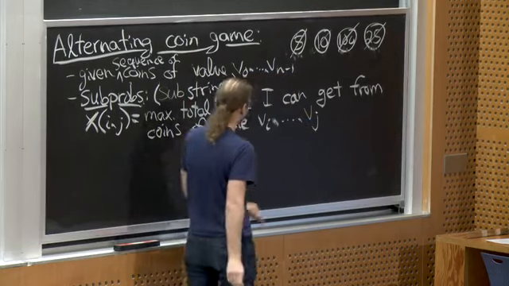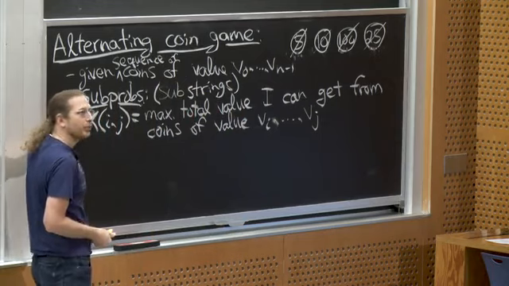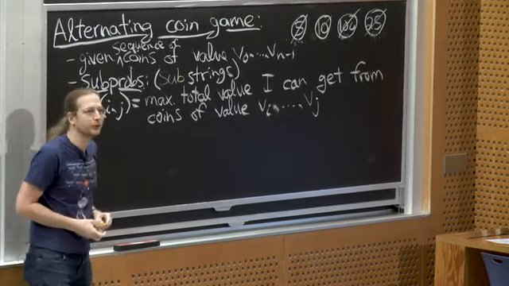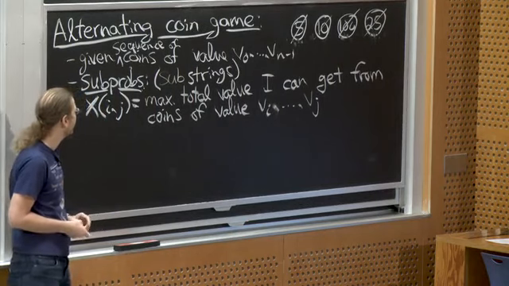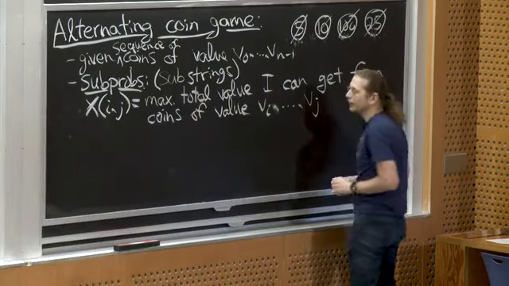So that's a substring. So this is one way to write down the subproblems, and it's also a good way. I mean, you can write down a relation on this definition of subproblems. But I'm low on time.